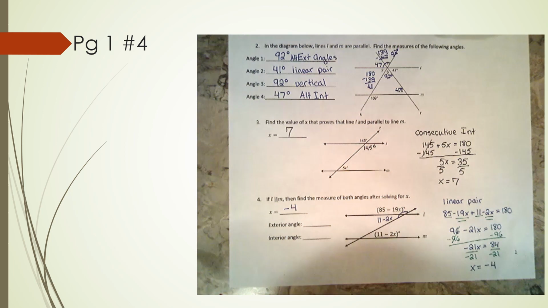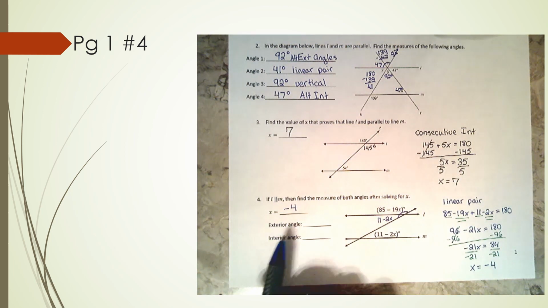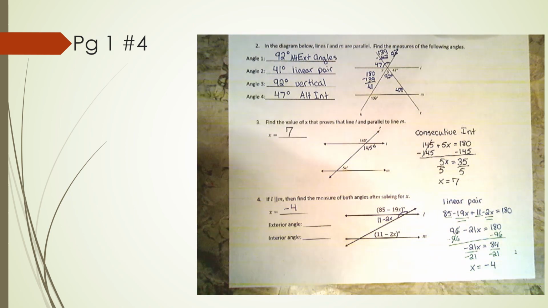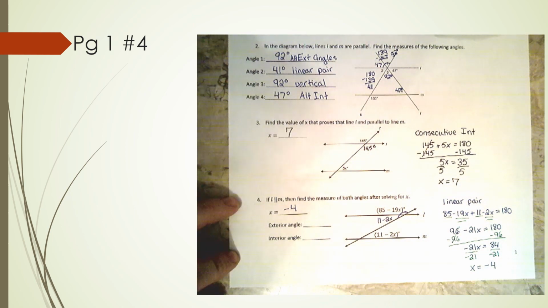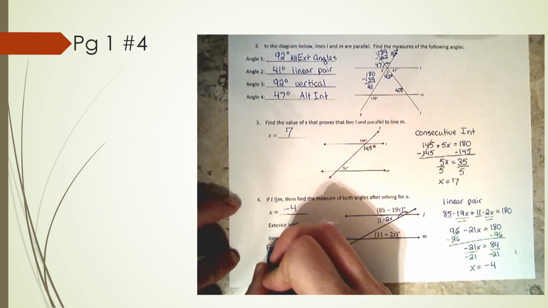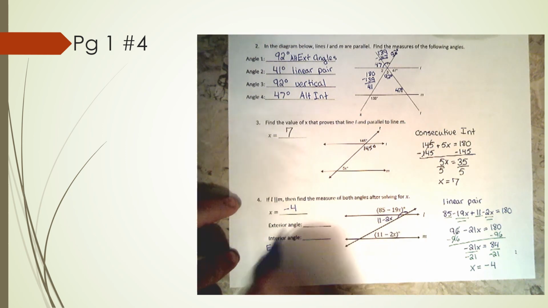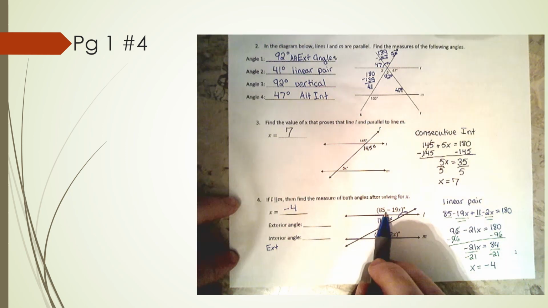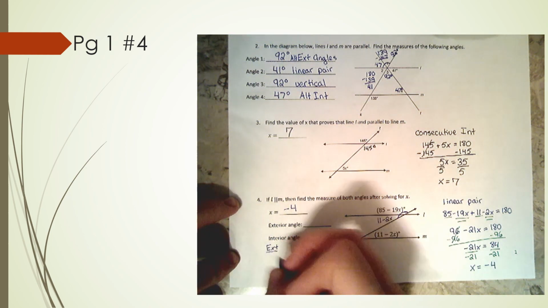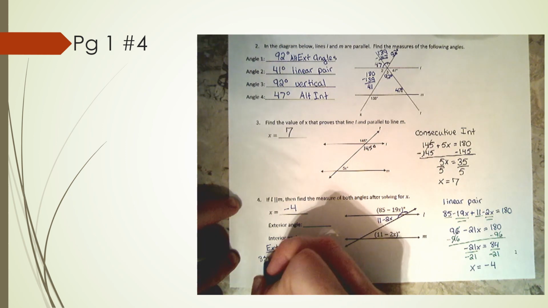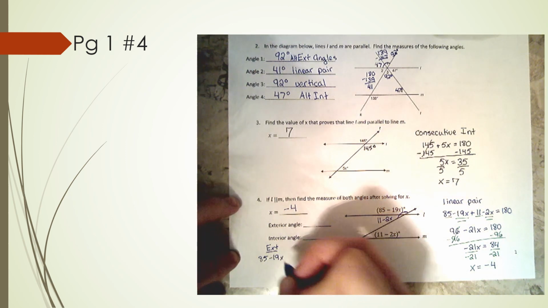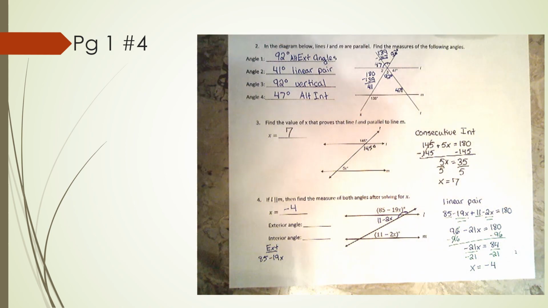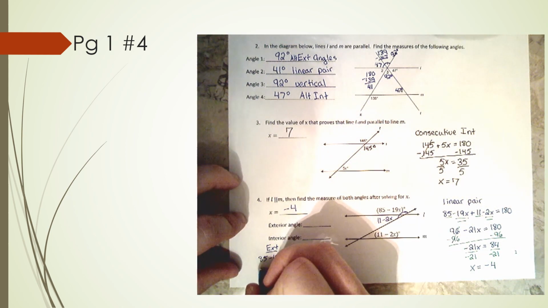Now that's not the end of this problem. They do want us to also find the exterior angle and the interior angle. So we'll do the exterior angle first because that's the first one listed. Exterior angle means that it's outside of the parallel lines. So the one that's outside of the parallel lines is the 85 minus 19x. So we're going to do that, 85 minus 19x. But instead of x, we now know that it is equal to negative 4.